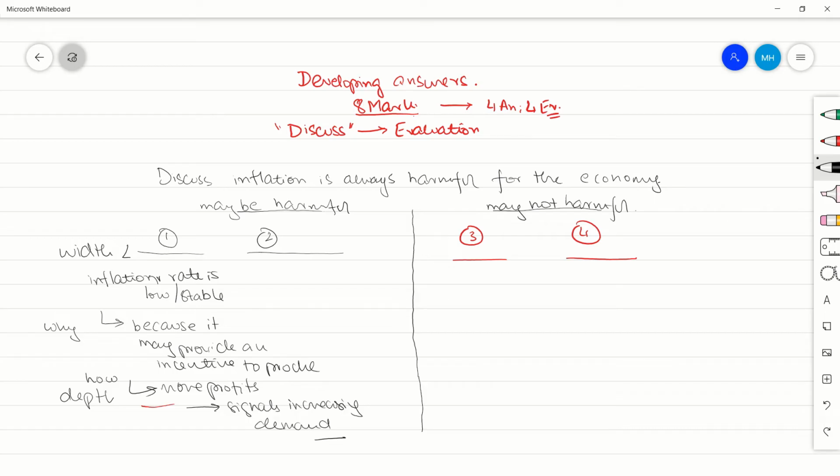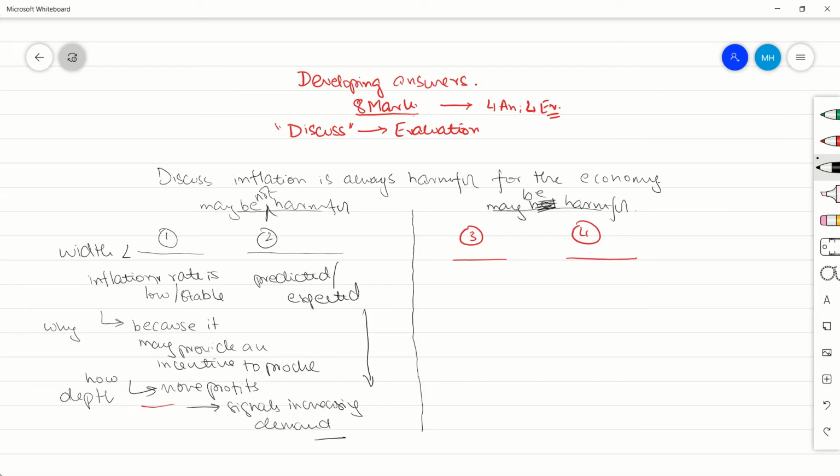Width is going to be the number of points: inflation rate is low, is stable, if inflation is predicted or expected, and then you develop all the way down. Inflation may not be harmful, and may be harmful.